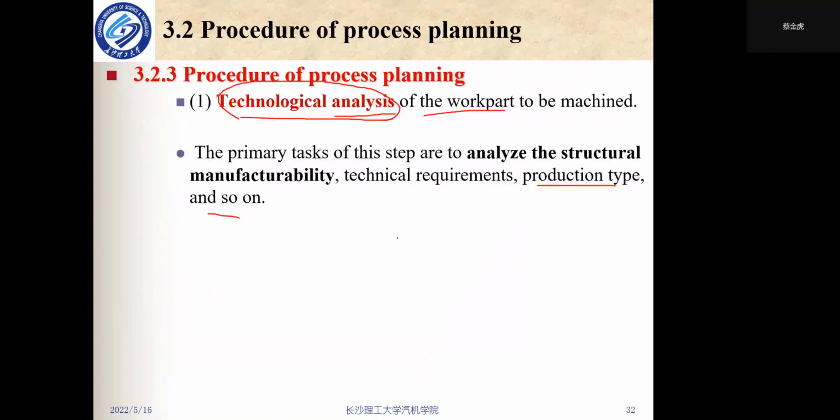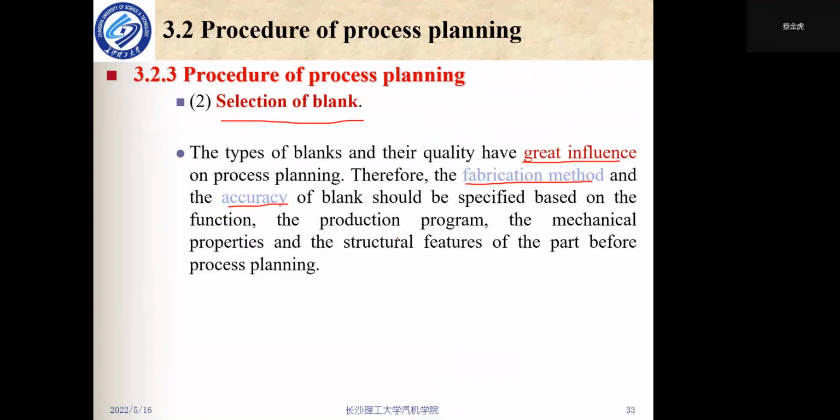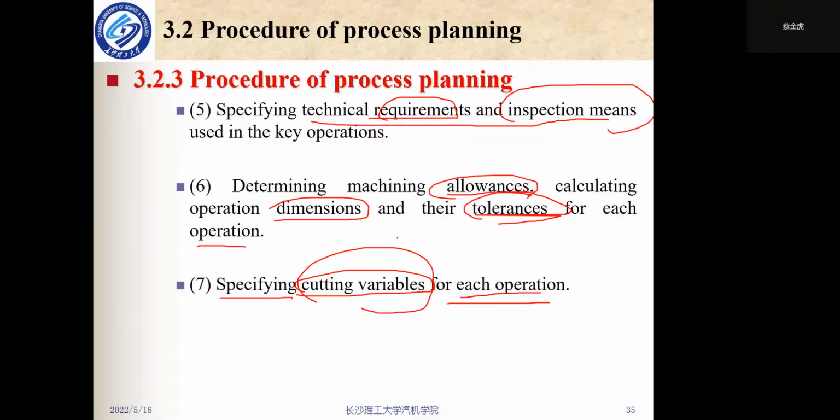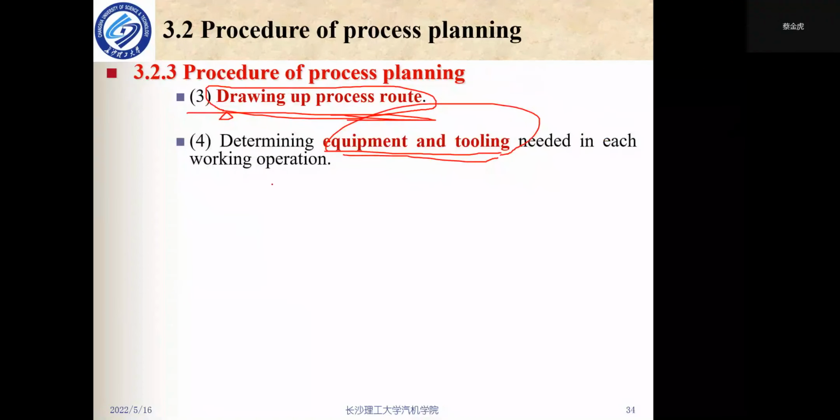And also the procedure of process planning. The first one is technological analysis of the work part to be machined. The second is selection of blank. Third is drawing up process rules, and the fourth is determining equipment and tooling needed in each working operation, the concept of which we have learned just now.